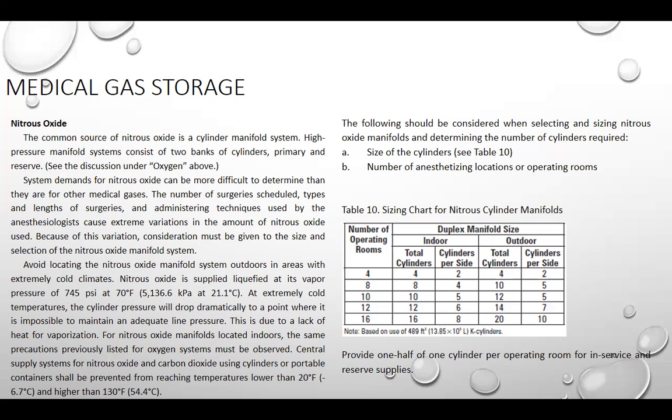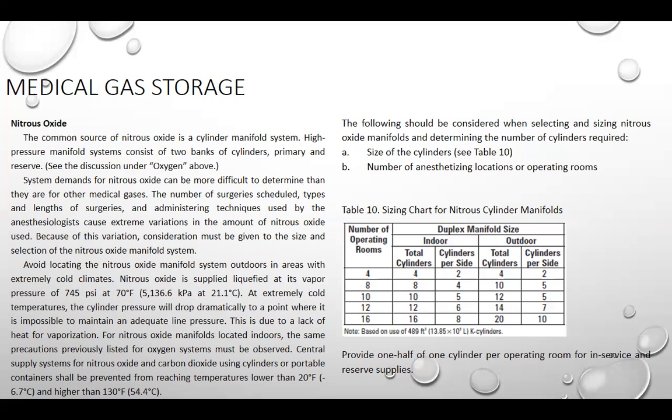The number of surgeries scheduled, type and length of surgeries, and administering technique used by the anesthesiologist cause extreme variation in the amount of nitrous oxide used. Because of this variation, consideration must be given to the size and selection of the nitrous oxide manifold. Avoid locating the nitrous oxide manifold outdoors and in areas with extremely cold climate.